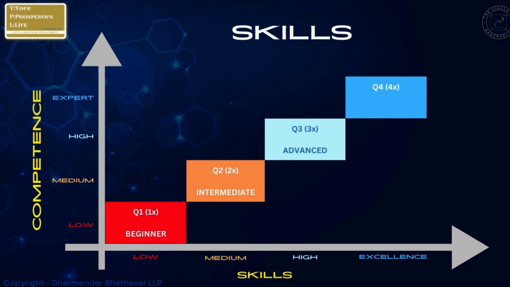Competency is high and respective skills are also high, so we can consider them in quadrant 3, and we can label them as advanced levels. And quadrant 4, the competency levels are very high and the skills are in the excellence zone, so we can consider them as experts.